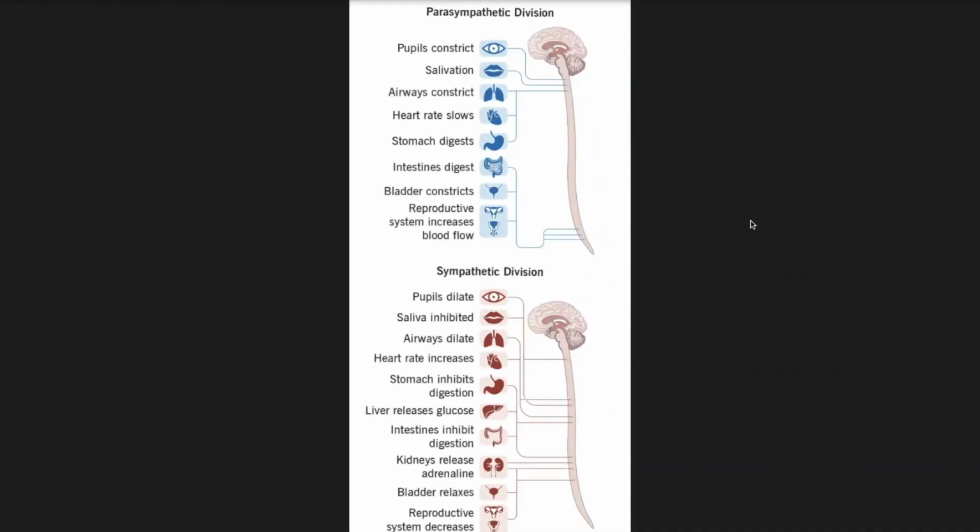Now let's take a look at the nervous system response.